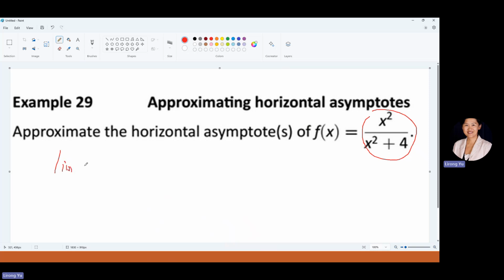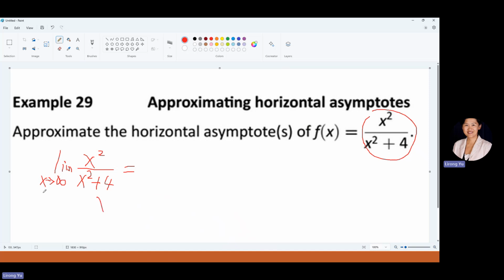Say the limit of the function x squared over x squared plus 4. You want to see the value of the function when x goes to infinity. This value is the asymptote. So we're going to calculate what it is. If x goes to infinity, what is this value?